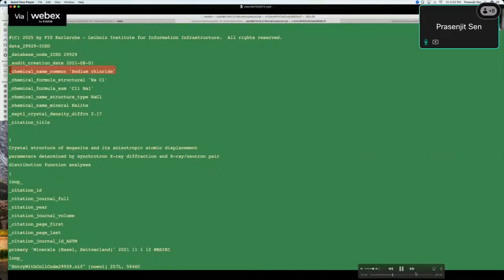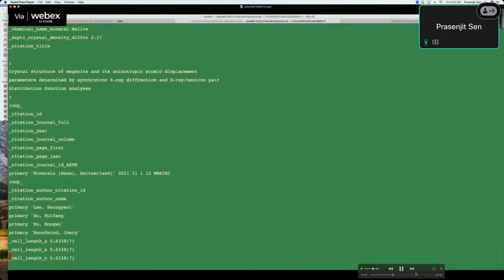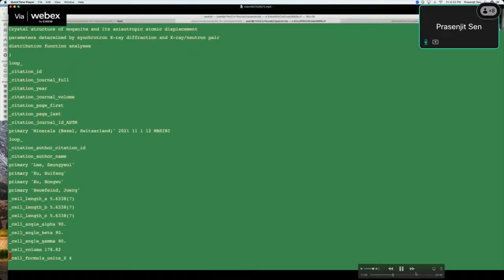As you can see, it contains sodium and chlorine, one chlorine, one sodium, density, etc. It will give you some information about crystal structures.